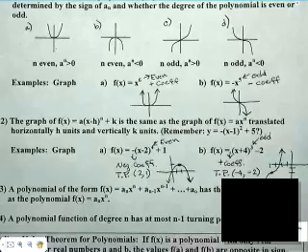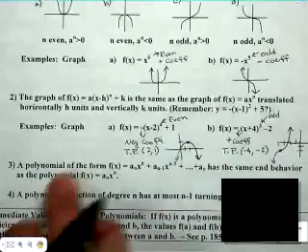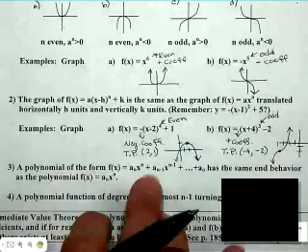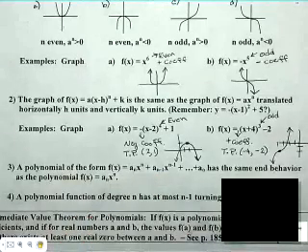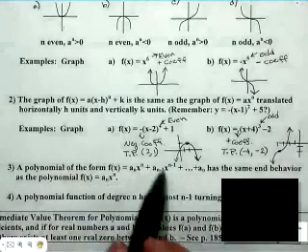All right, big number 3. A polynomial of the form f of x equals some leading term plus the other terms arranged in descending order has the same end behavior as determined by this leading term.